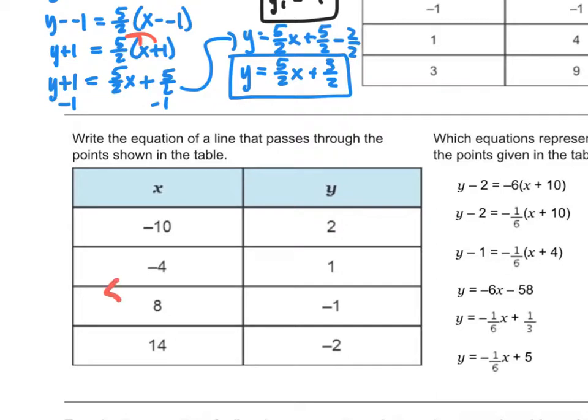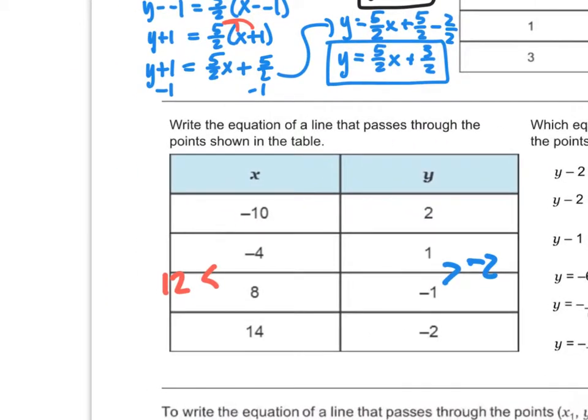My change in x is positive 12, and my change in y is negative 2. To go from -4 to 8, I have to add 12. To go from 1 to -1, I'd have to subtract 2. So my slope for this line is -2 over 12, which is just -1/6.